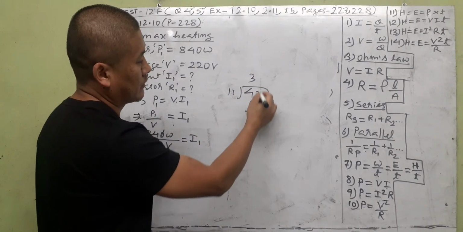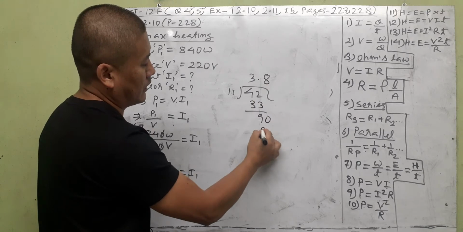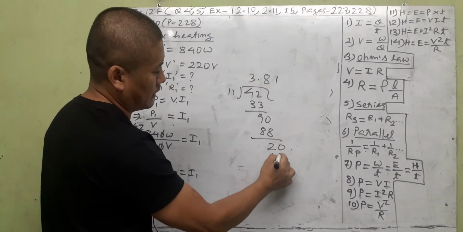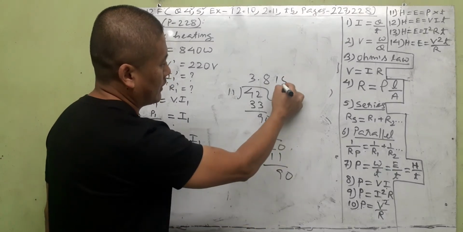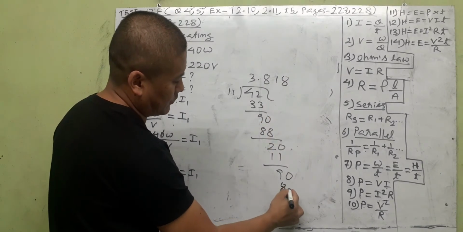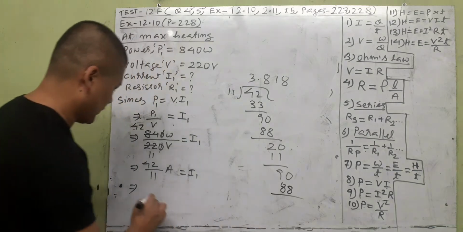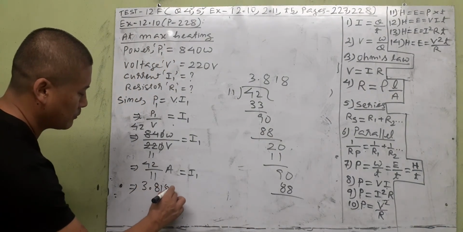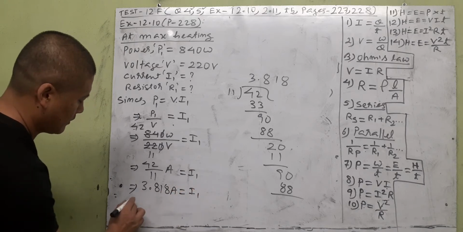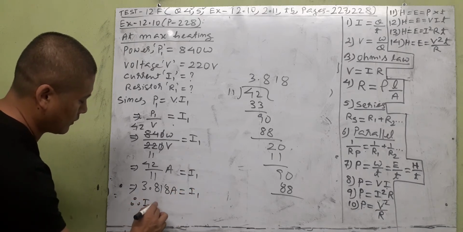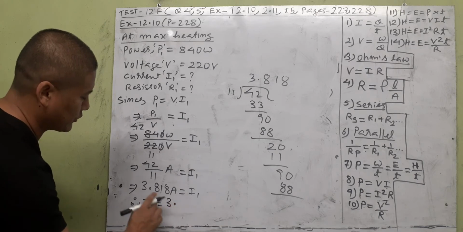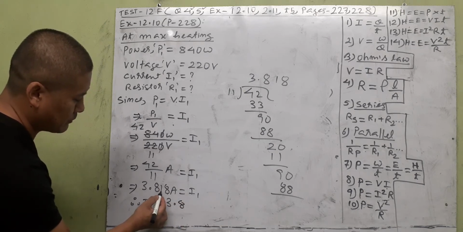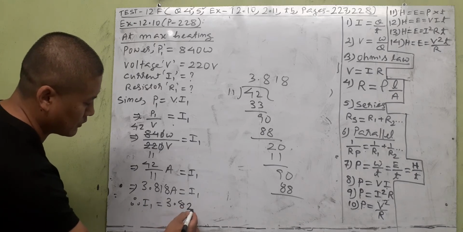Then 9, 088. Then 20 because of the point. Third place usually we go, so we're going to get 3.818 ampere approximately, I1. But since we usually write only up to the second place, 3.8, and if the third place is 5 or more than 5, the second place of decimal will increase by 1. So 1 plus 1 is 2.